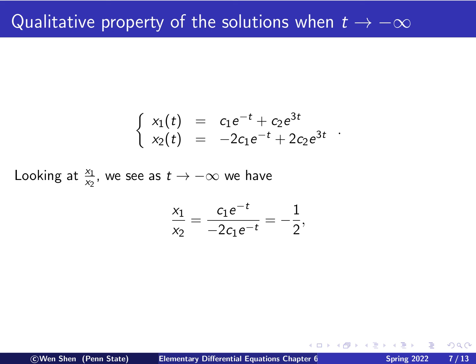A similar calculation tells us that if you look at the ratio, because these two terms go to 0 really fast, it's dominated by the first term, because when t is negative, negative t is a positive number. Then we can drop the constants and the exponentials, and we only have negative 1/2. So x1 will approach negative half of x2 asymptotically as time goes to negative infinity.